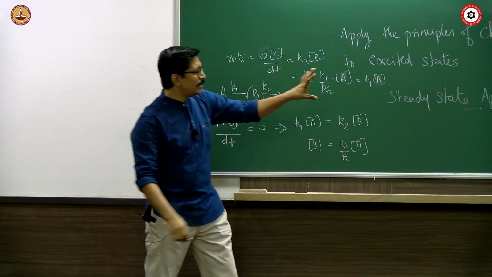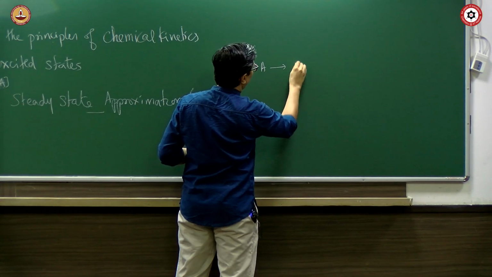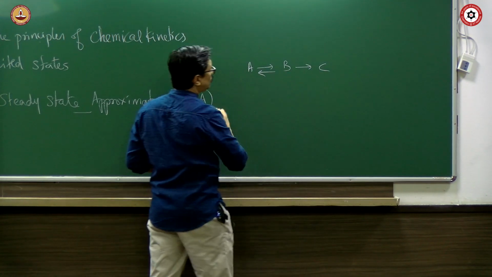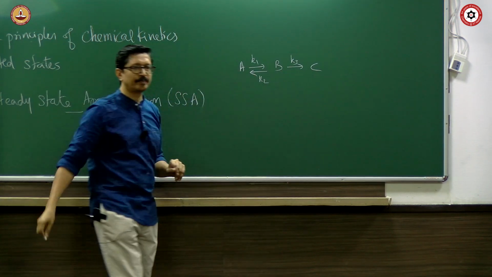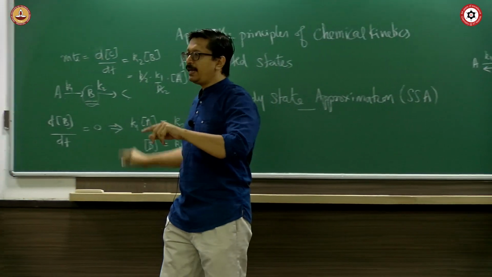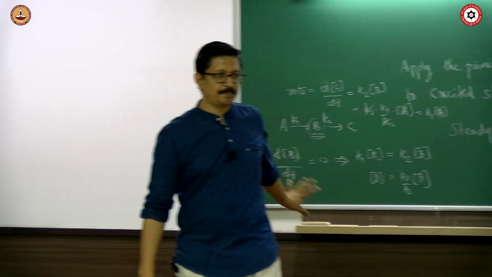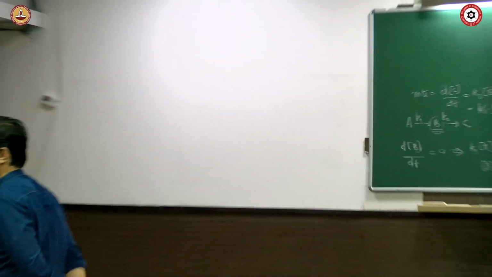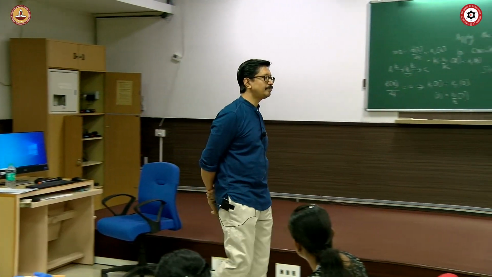Okay, I will give you another example. The same way, A goes to B, B comes back to A, B also goes to C. K1, K2, K3. Each team I want you to apply SSA in this case. The same way. These are all ground state, okay?